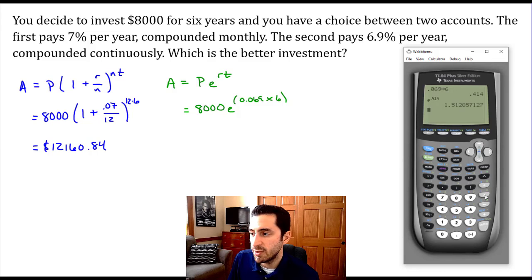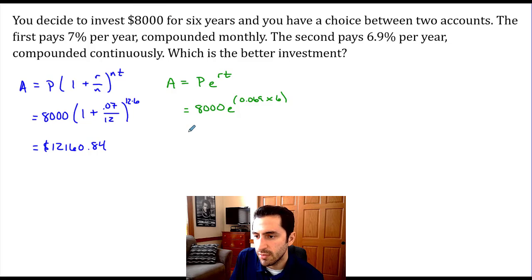And then the last step is we will multiply by 8,000. Multiplying by 8,000, we end up with a future value of $12,102 and about 86 cents.